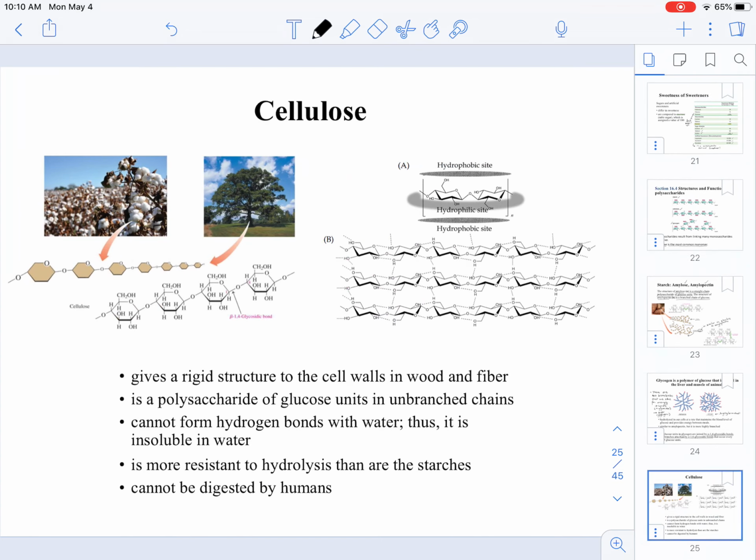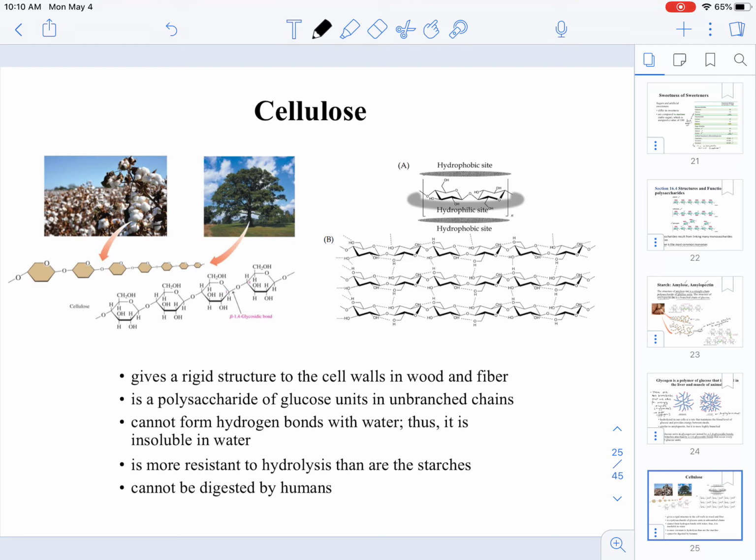When it comes to the last polysaccharide, which is cellulose, understand that cellulose is what gives the rigid structures to the cell walls of things like wood and fiber. This polysaccharide also has glucose units, but they are not branched.